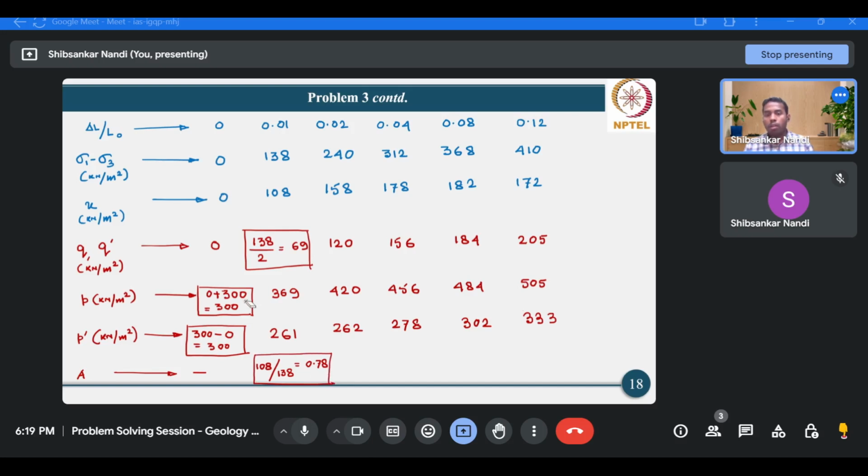Okay, so I think it would be better if we do the sample calculation for the same data.